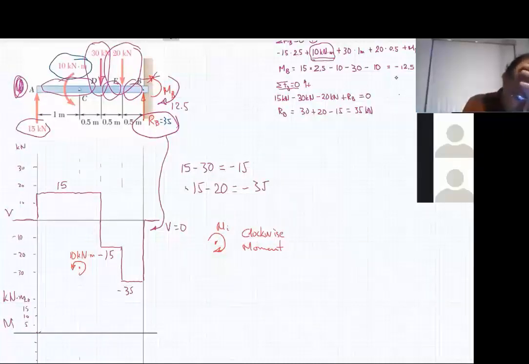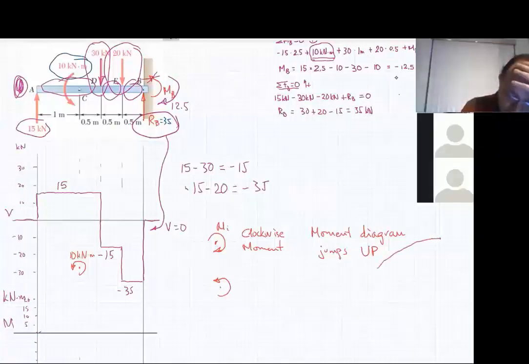The moment diagram jumps up. Say this is your moment diagram, then you find the moment here, it jumps up, and then you keep going with your diagram. This is MI.